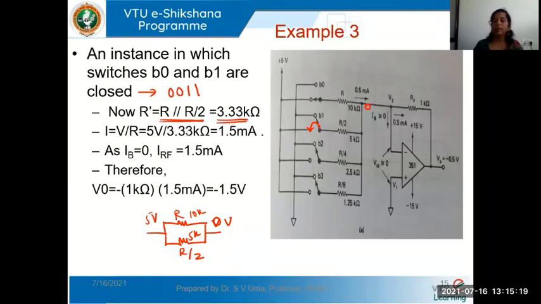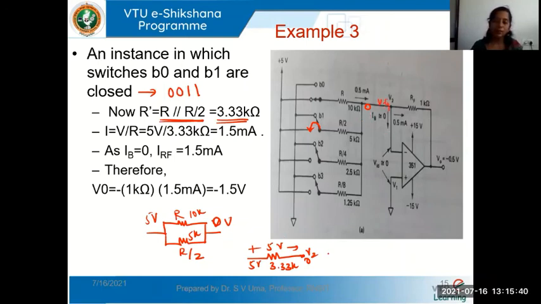Okay. And now what would be the value of current flowing through this parallel combination? Through the resistance 3.33K, I'll have a voltage drop of 5 volts because here we give 5. This end is at V2, which is at virtual ground. Remember, this is virtual ground, 0 potential.